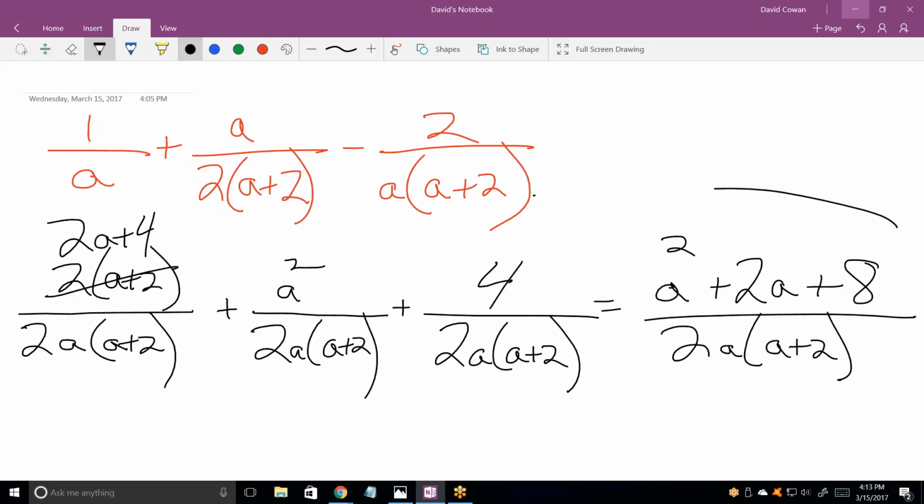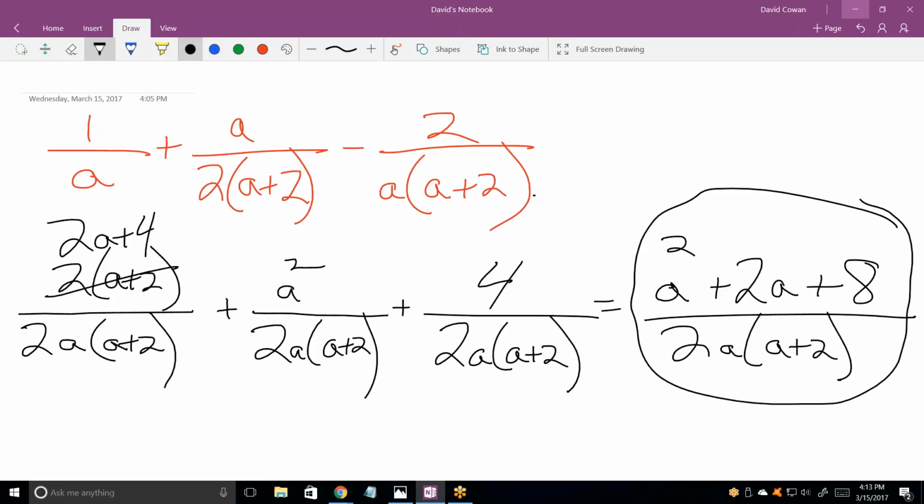Now, that answer looks fine. The only thing that maybe I could do would be to factor the numerator. Because what if the numerator gave me an a plus 2 factor? Then I'd be able to cancel it. So it's worth investigating whether I can factor the numerator.